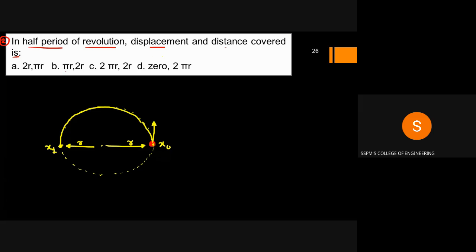So displacement and the distance covered. Distance covered means what? Actual path traveled. So this path traveled is nothing but half of the perimeter. Half perimeter is nothing but pi r. So this is the distance.